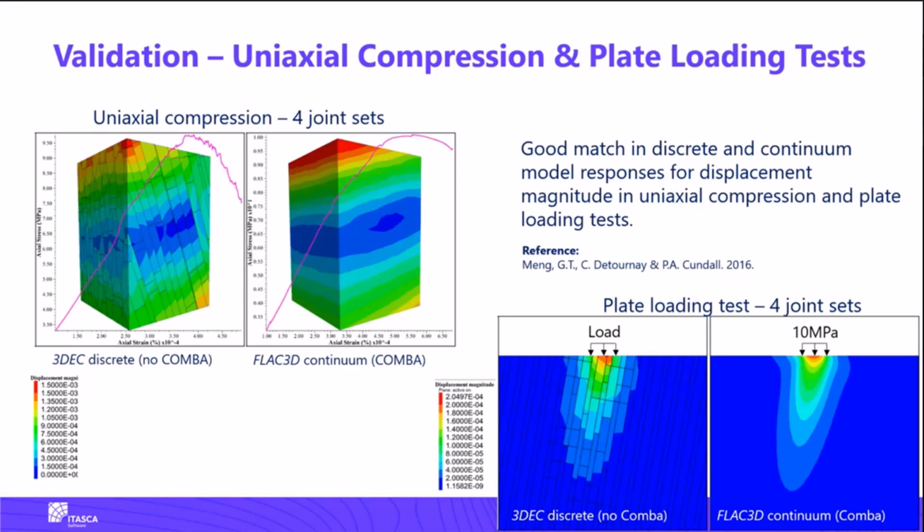Here, 4 joint sets are being used, and we see contours of displacement in both the 3DEC discrete model approach and in the FLAC 3D continuum approach for uniaxial compression and plate loading. And we see that again, the match in discrete and continuum model response for the displacement magnitude is quite acceptable.